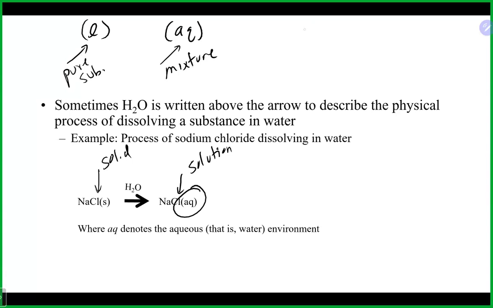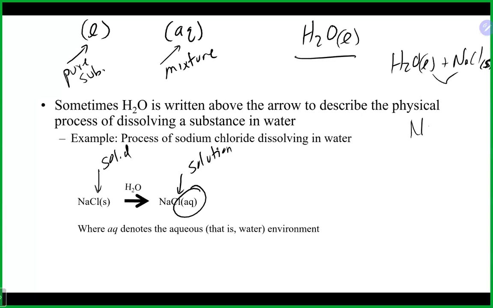To illustrate that, water by itself would be in the liquid state. It is just water, nothing else in there. But if you took water, like it shows down there, and you add some sodium chloride, which is a solid, that solid sodium chloride will dissolve, and now you will end up with sodium chloride that is a solution. And it is a mixture. It's actually a homogeneous mixture.